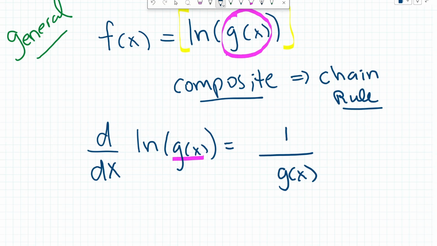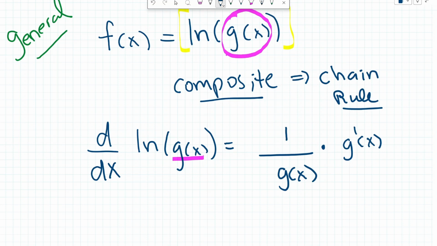And then following the chain rule, we have to multiply it by the derivative of the inside function, which is g prime of x. That allowed us to break this down a little bit further and see how we can calculate the derivative of a composite ln or log function. Okay, so that is the theory behind all of that.